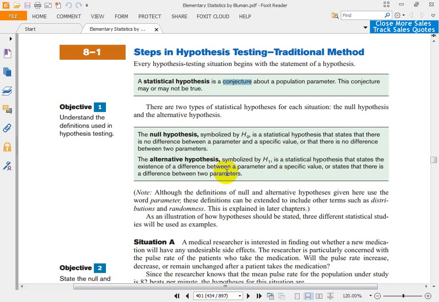Let us suppose we have bodybuilders doing gym work at some gym. Some of them are taking some health tonic and some of them are not taking the health tonic. Now my null hypothesis is telling that the mean weight of the set of bodybuilders who are taking that health tonic is the same as the mean weight of the sample of bodybuilders who are not taking the health tonic.